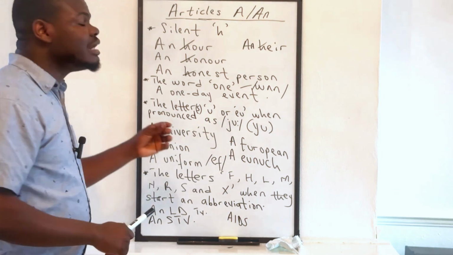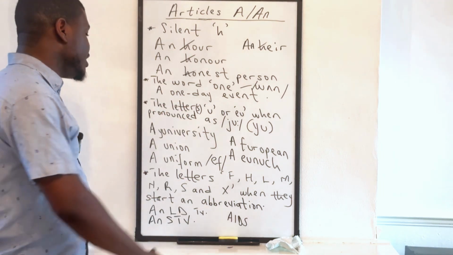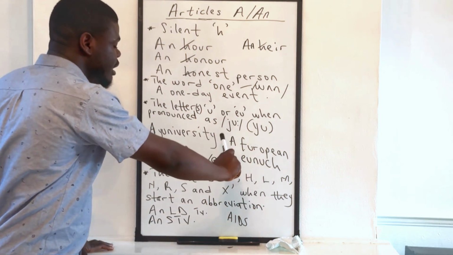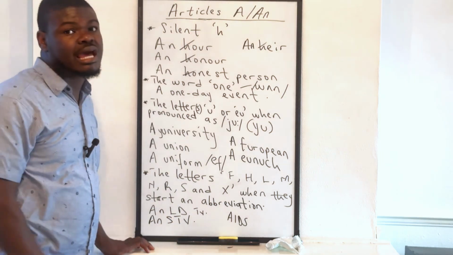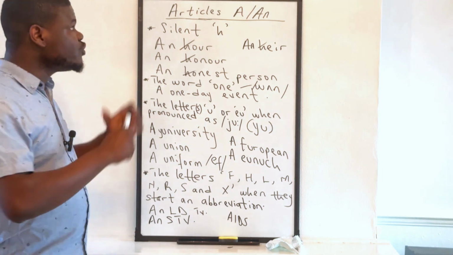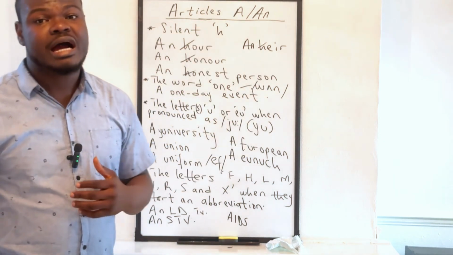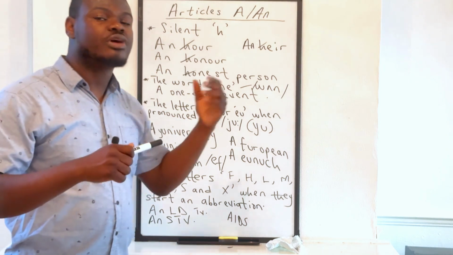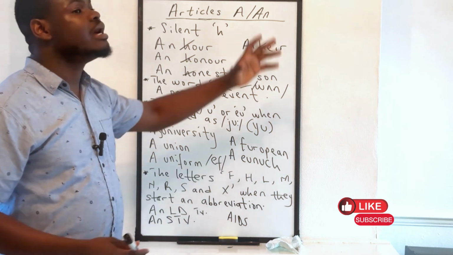So if you're spelling the letters of an abbreviation, then you have to consider if any of the letters that start the abbreviation falls in the category of F, H, L, M, N, R, S, and X. Do you understand? So what we've learned so far is the rules that guide your choice of either A or an. So like I said, if the word starts with a consonant sound, you use A. If the word starts with a vowel sound, you use an, except for these exceptions.